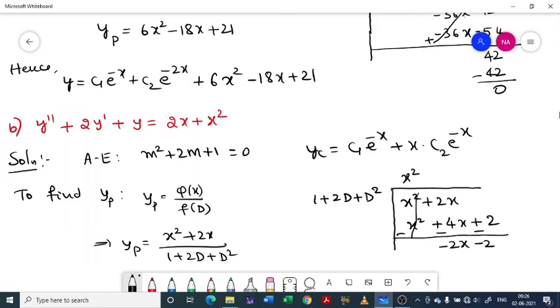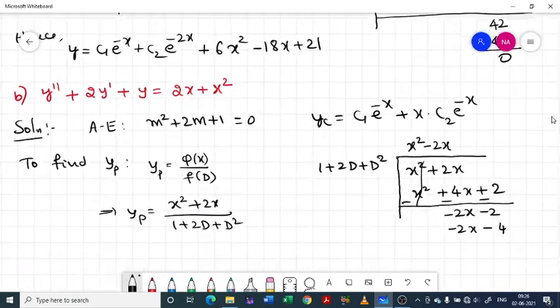Now minus 2x divided by 1, so we get minus 2x. So minus 2x into 1 you get minus 2x, minus 2x into 2d, minus 4 into derivative of x, so it is minus 4.